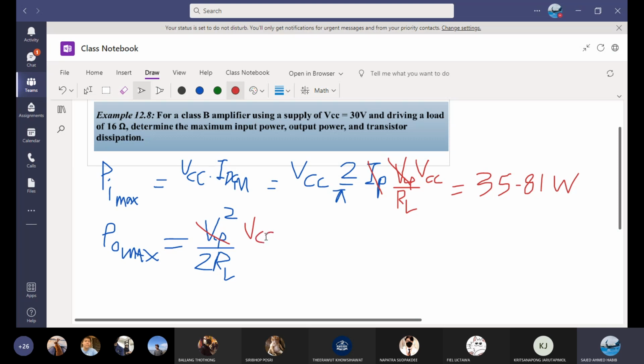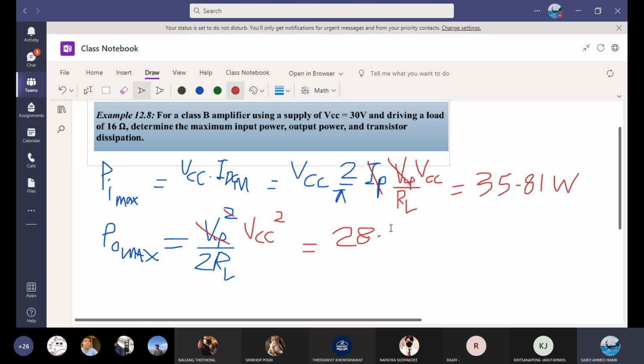I'm showing you all the steps so that you understand. Now you can find the maximum output power. What is the value? I got 28.13 watts. Okay, we'll take that answer.